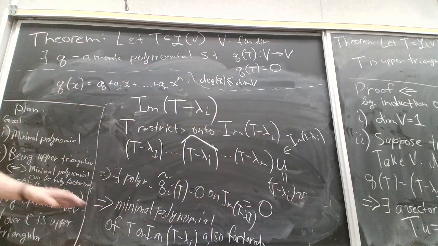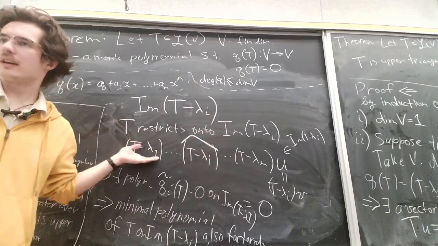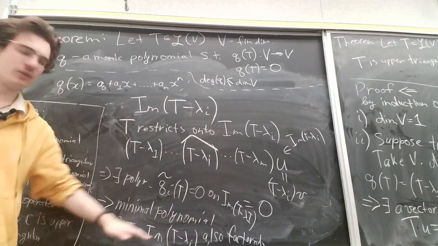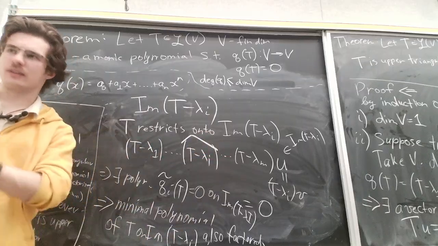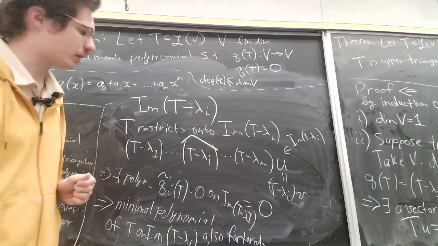This is the part I'm not proving, I'm too lazy. But because this polynomial is factored, the minimal polynomial also has to be factored. It's a theorem in Axler, a couple of pages before. You can just look at it.